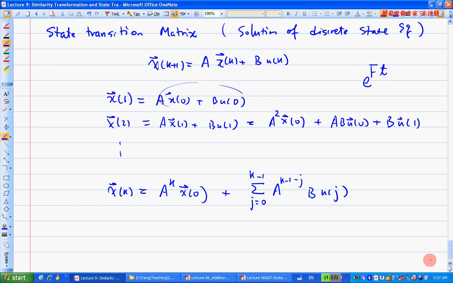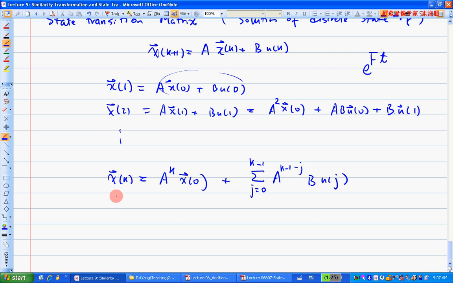So the key here is, basically this is kind of your solution. If we define this one here as phi of k, like this, and temporarily, let's suppose that I don't have any input to the system, so the system is behaving according to its initial conditions, then it'll be just this guy here.